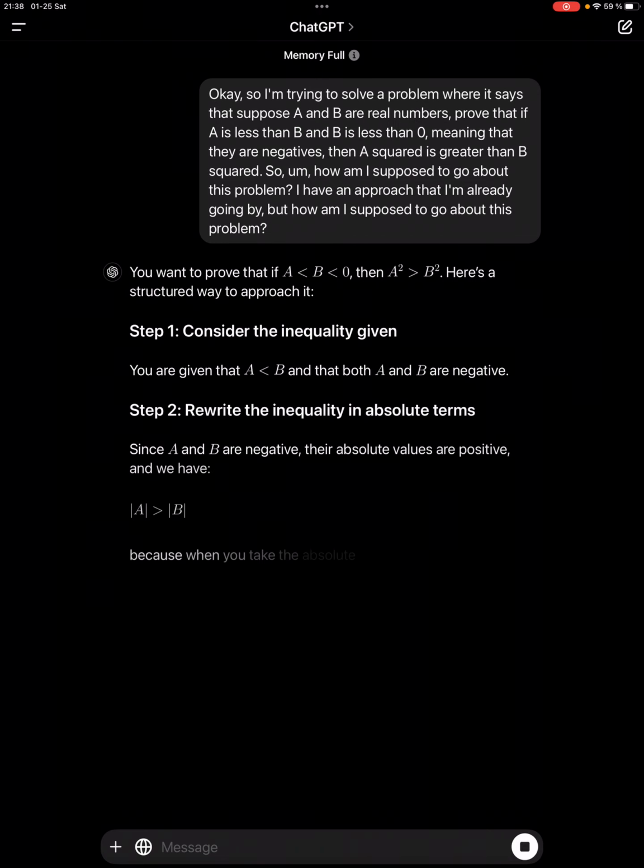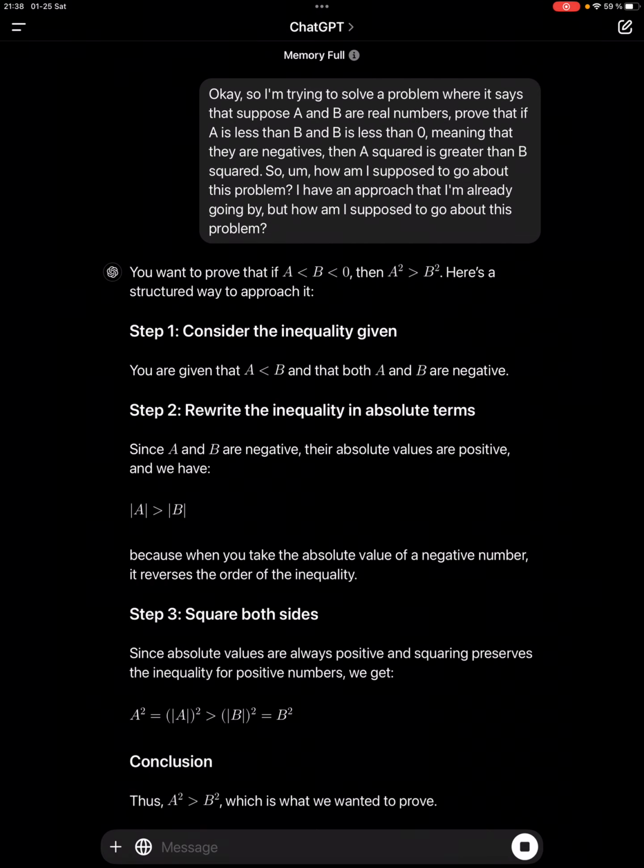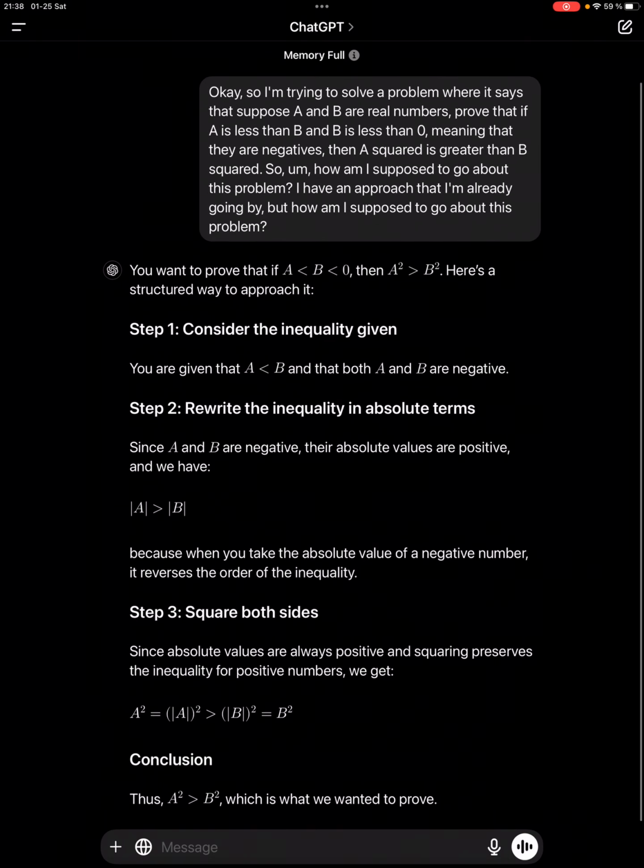So you are given that a is less than b, and that both of them are negative. If b is less than 0 and a is less than b, rewrite the inequality in absolute terms.